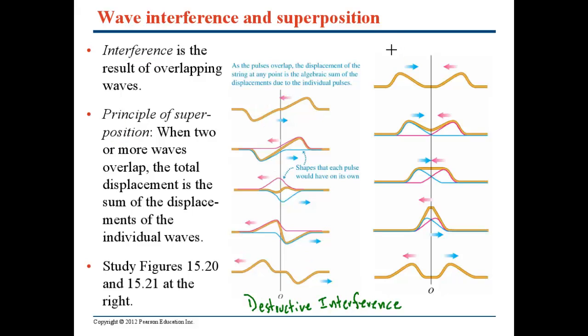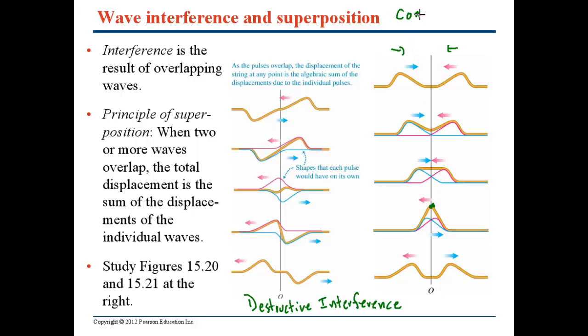If we now consider two pulses that are both in the positive x direction, and they're going to be approaching there, we can see that both of these pulses are going to pull the rope in the upwards direction, and when they're both at the very center, it's going to be magnified, and the displacement of the rope is going to be twice that of each individual pulse.